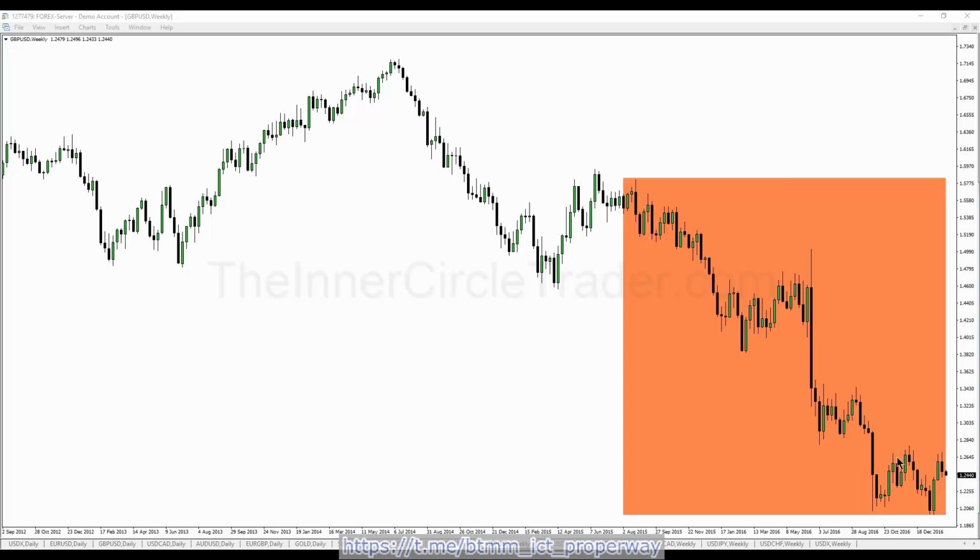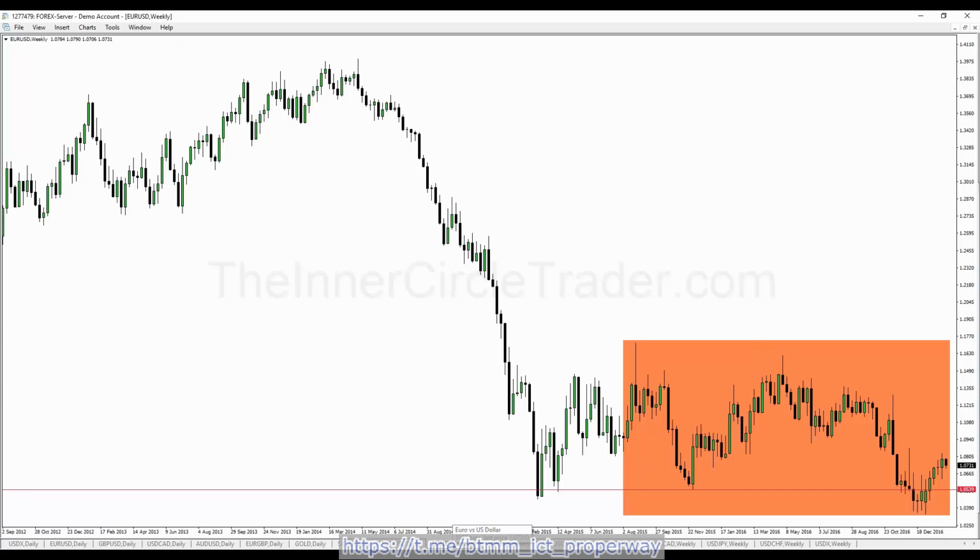Now, if we were looking at this pair and we see, okay, this pair shows a willingness to go lower, while at the same time the euro dollar is in consolidation, I want you to think about what that means for euro pound, because we're going to talk a lot about what makes euro pound move this month.